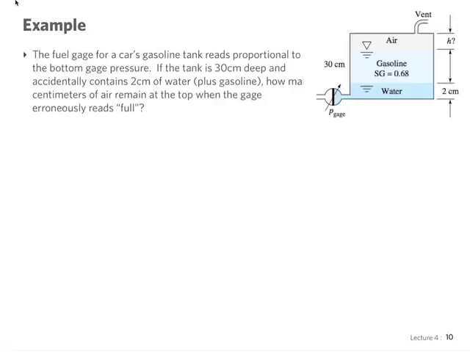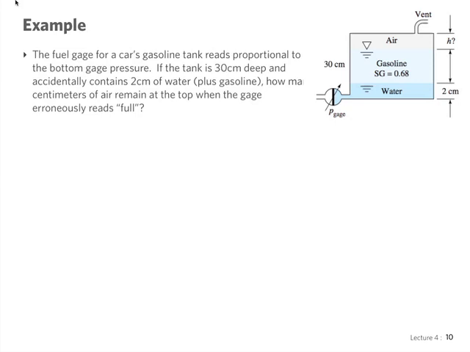Again, we're going to start with an example. This example is for the things we've just discussed in part 1 of the lecture before the break. So we have the following situation.